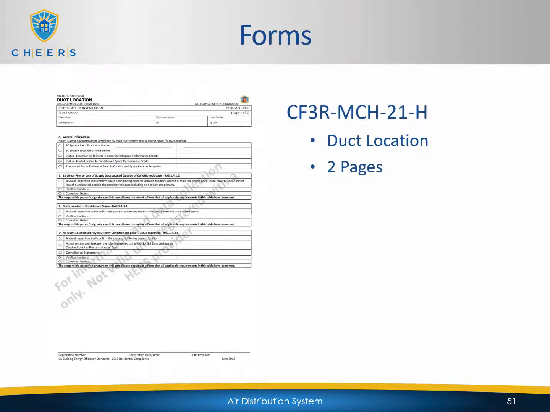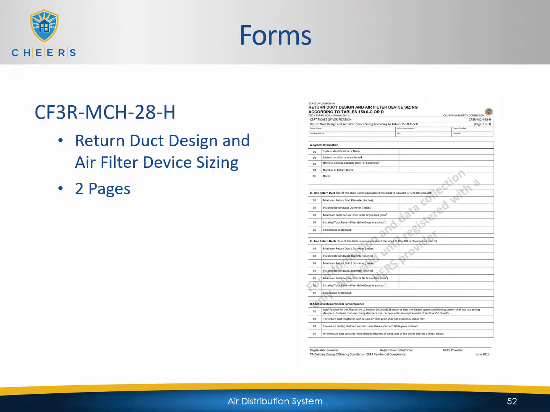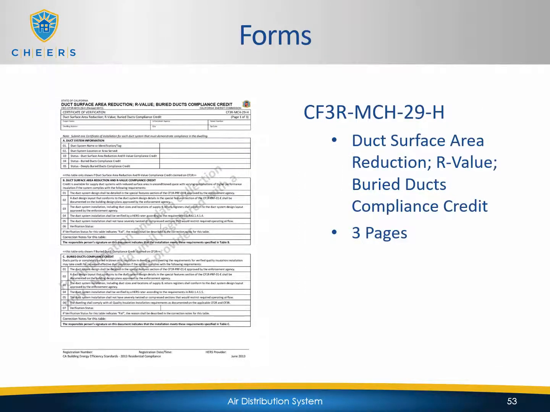The CF3R MEC 21 is used for duct locations. The CF3R MEC 28 is used for return duct design and air filter device sizing. The CF3R MEC 29 is used for duct surface area reduction, R value, and buried ducts compliance credits.